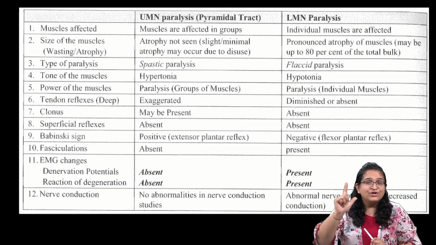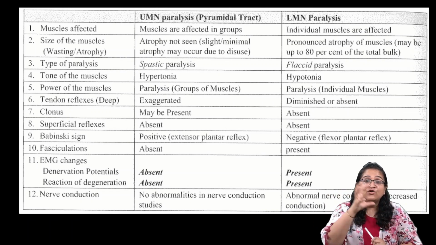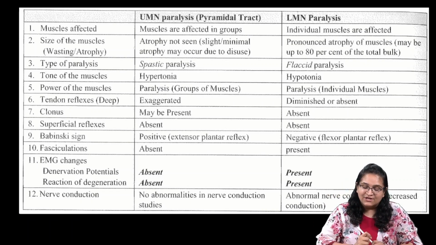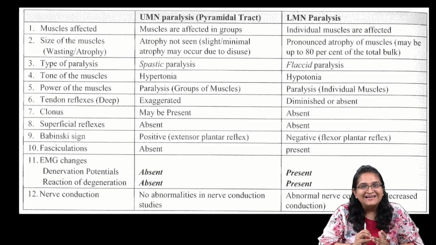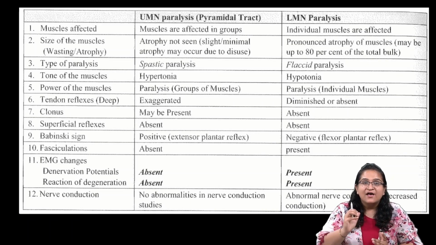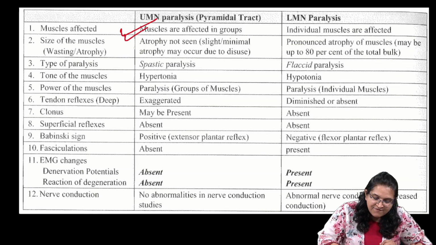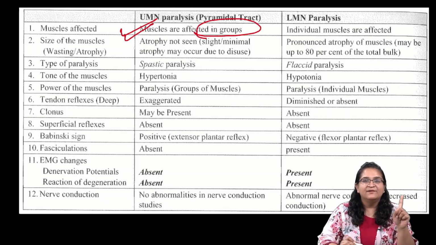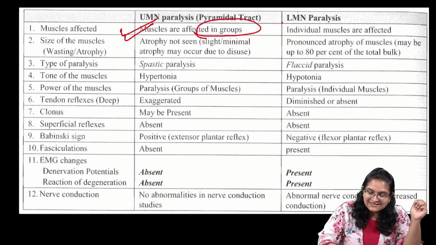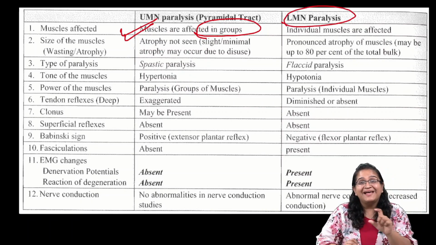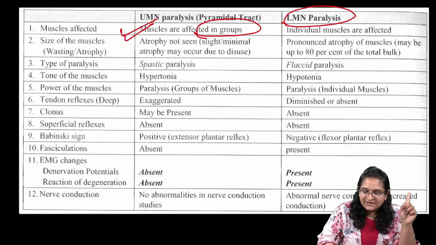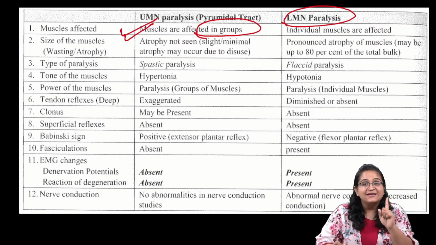Now, upper motor neurons, they supply a group of muscles, right? So, when there will be some paralysis of the upper motor neurons, we will see muscles affected in group. Very important. Whereas in lower motor neuron, we are supplying just one muscle. So, only one muscle is affected. Individual one muscle is affected.